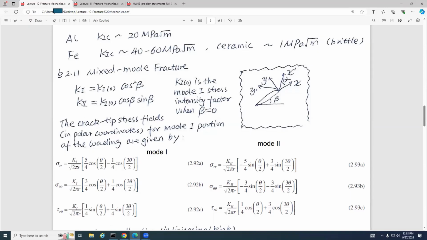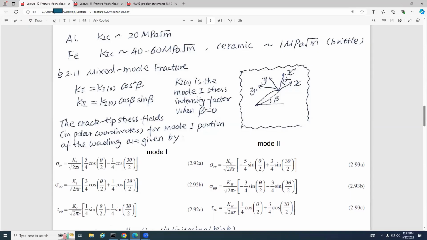Suppose this is my point of interest and this is my crack tip. I draw a line here, so this is my R, and this is my theta. So this point's coordinate is described using polar coordinates R and theta. As long as we have K1, R and theta, we can describe the stress field using three equations.